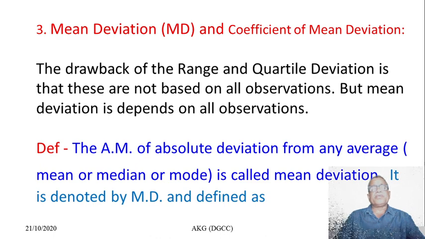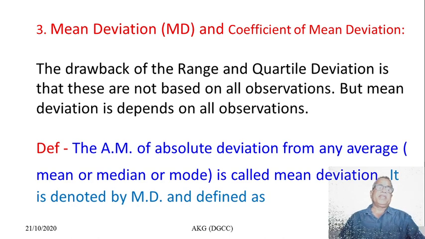But now we see the third measure of dispersion called the mean deviation, and its relative measure is the coefficient of mean deviation. So what is the definition? The arithmetic mean of absolute deviations from any average is called the mean deviation.